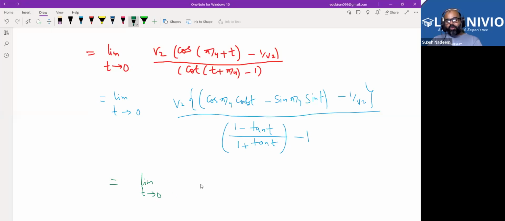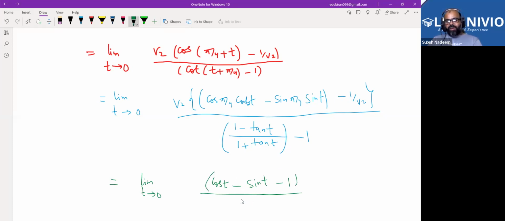So limit t approaching 0, we can multiply this root 2. Cos pi by 4 is 1 by root 2, so it will be cos t. Sin pi by 4 is also 1 by root 2, so this will be sin t. And this is 1. In the denominator, it will be 1 plus tan t minus 1 minus tan t after taking LCM.